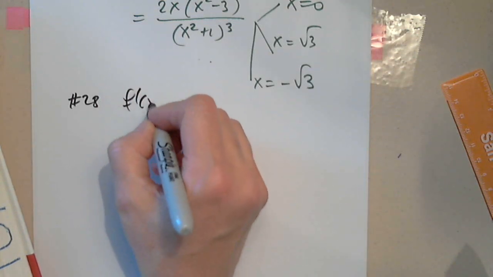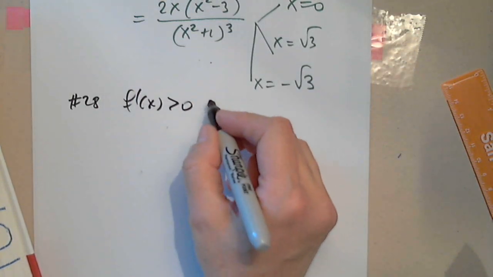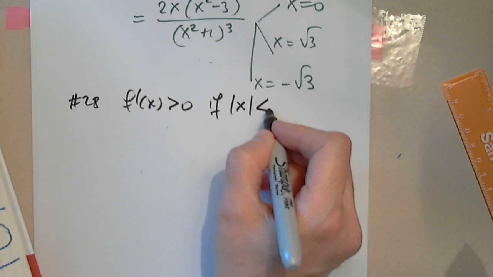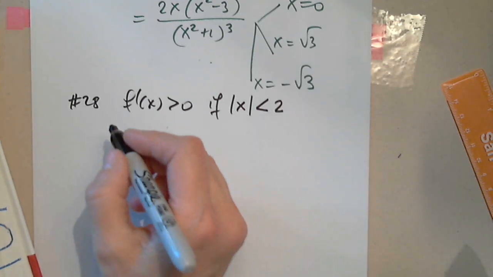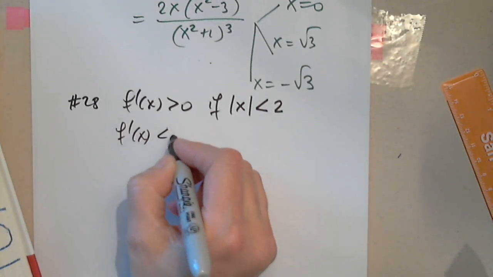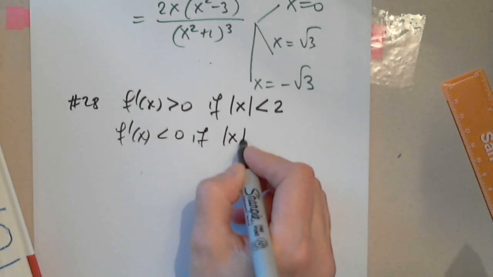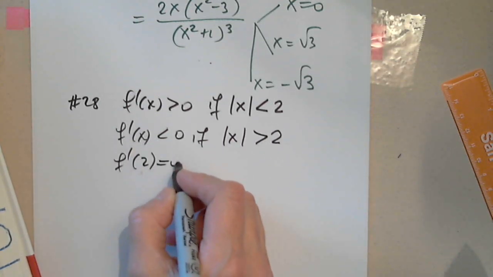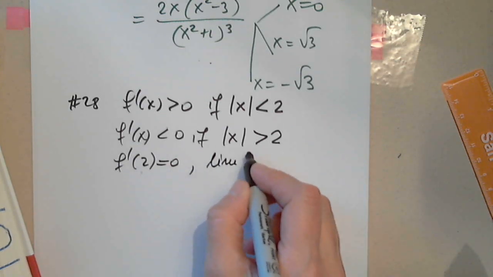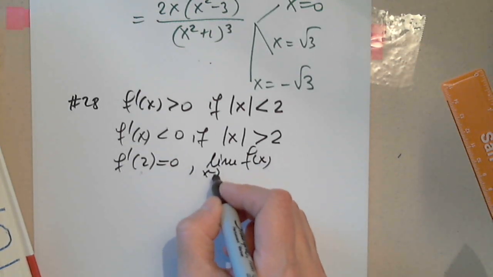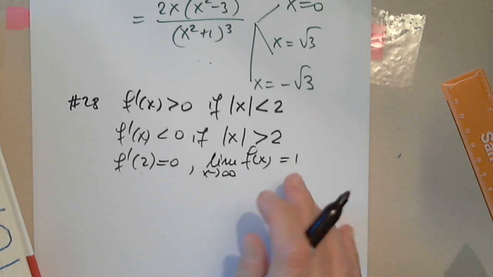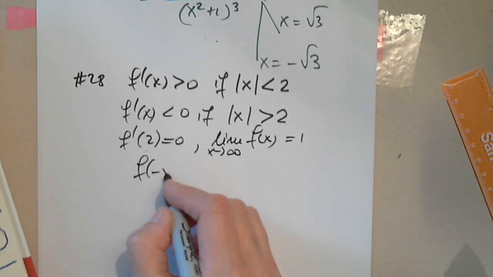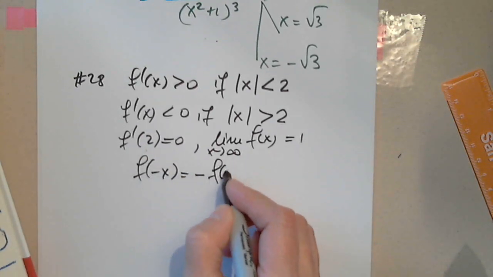So we have f prime of x greater than 0 if the absolute value of x is less than 2. We have f prime of x less than 0 if the absolute value of x is greater than 2. f prime of 2 equals 0. The limit of f of x as x approaches infinity is 1. f of negative x equals negative f of x.